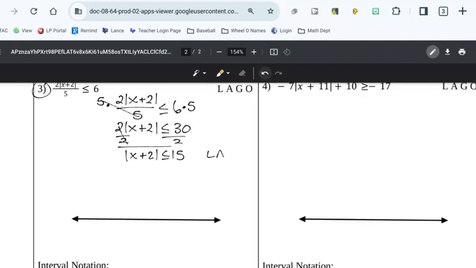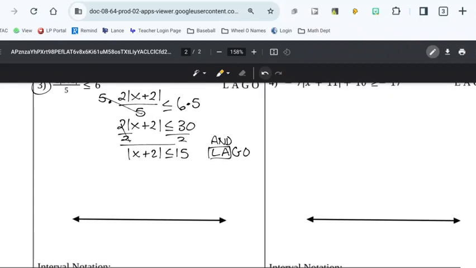Now the absolute value is isolated, so we check logo. It's a less than problem, which means and. So now we can split: x plus 2 is less than or equal to 15, and x plus 2, remember, sign flip, is greater than or equal to, and make it negative 15.